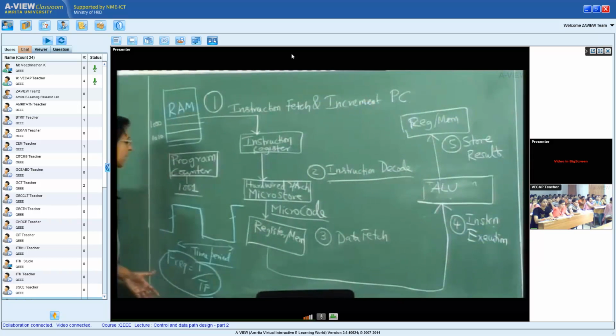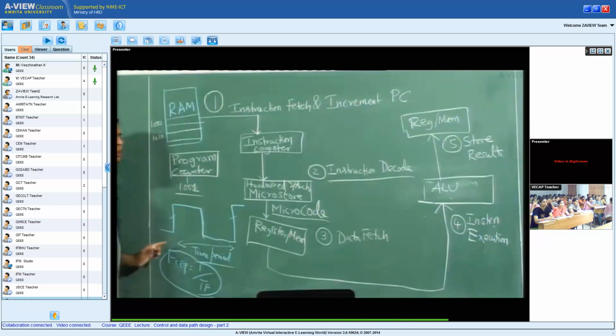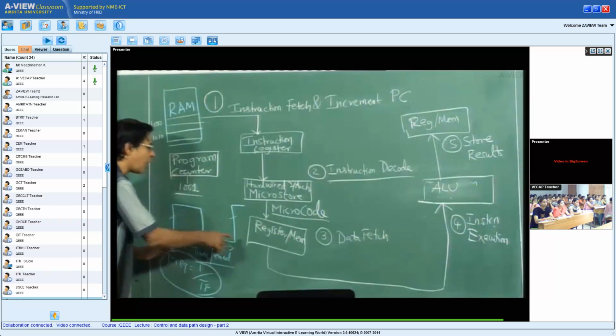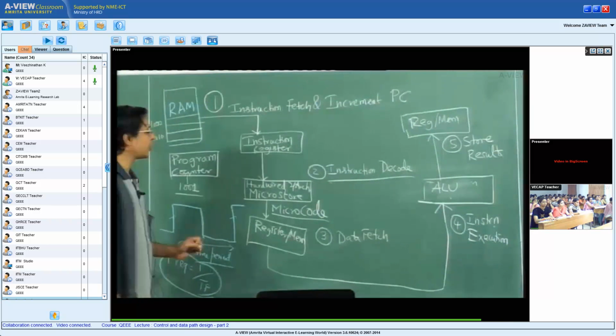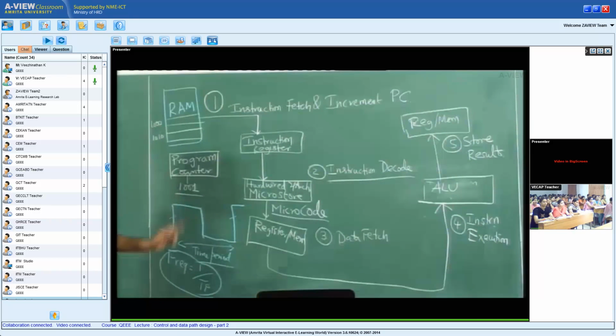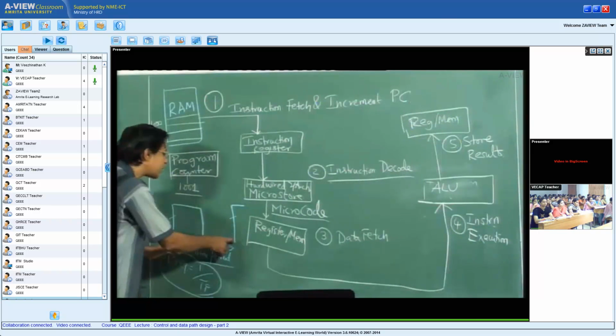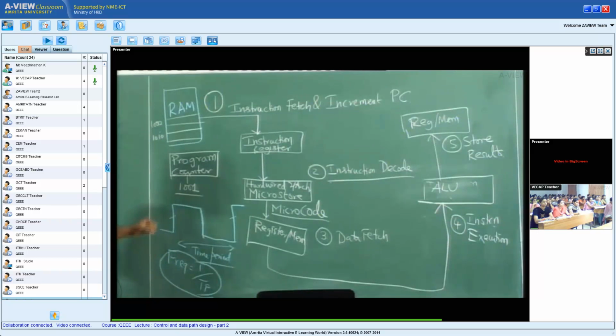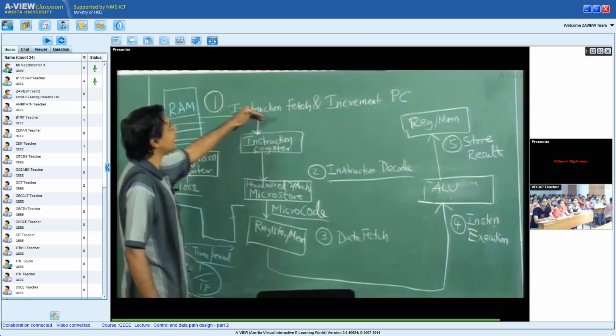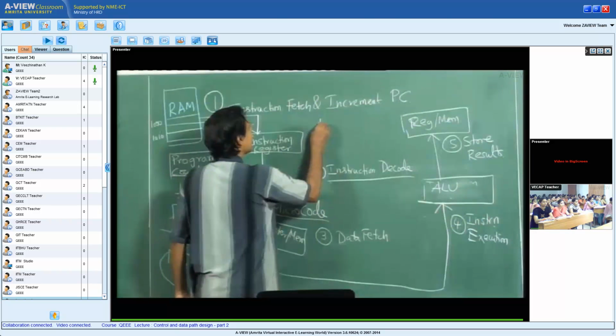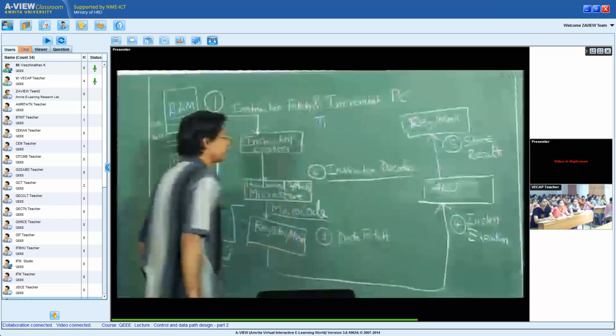Now if I again go back to a single cycle execution, that means in one clock cycle we have to complete an execution of an instruction. Then what should be the duration of this? We calculate the duration as follows. Let the instruction fetch and increment PC take say T1 time.